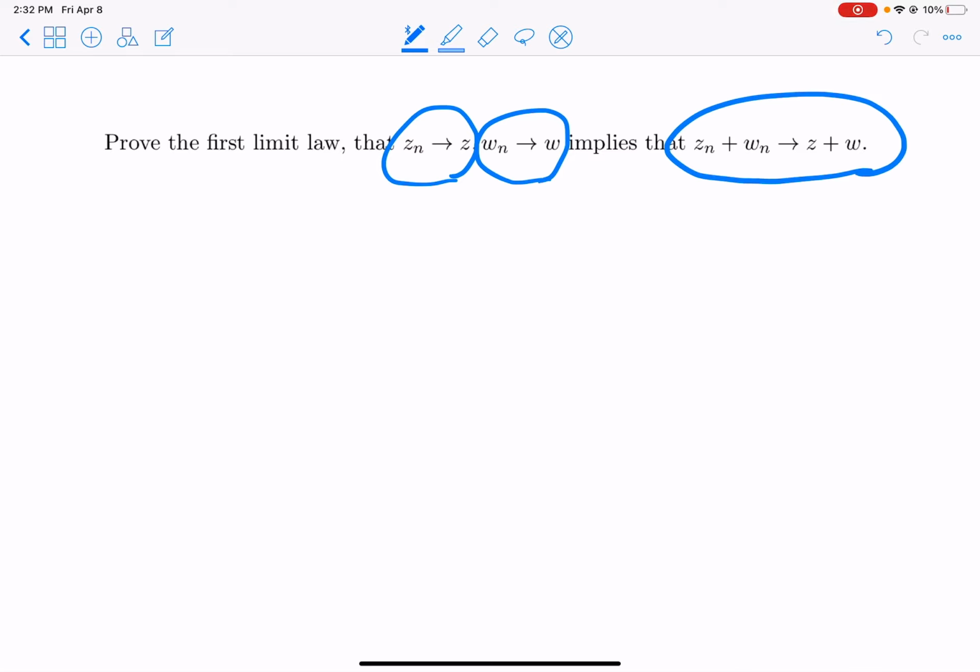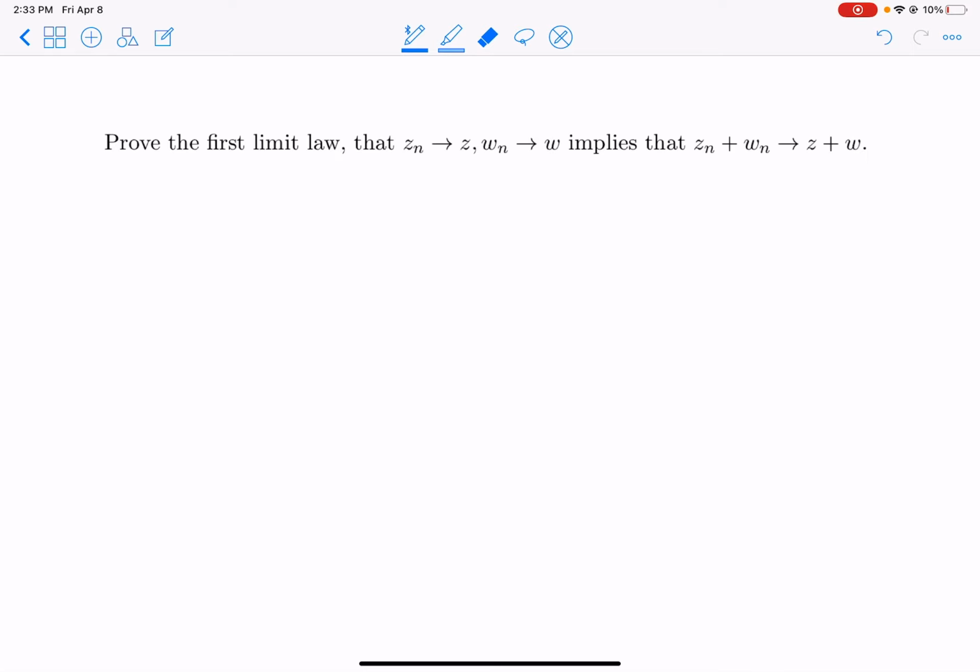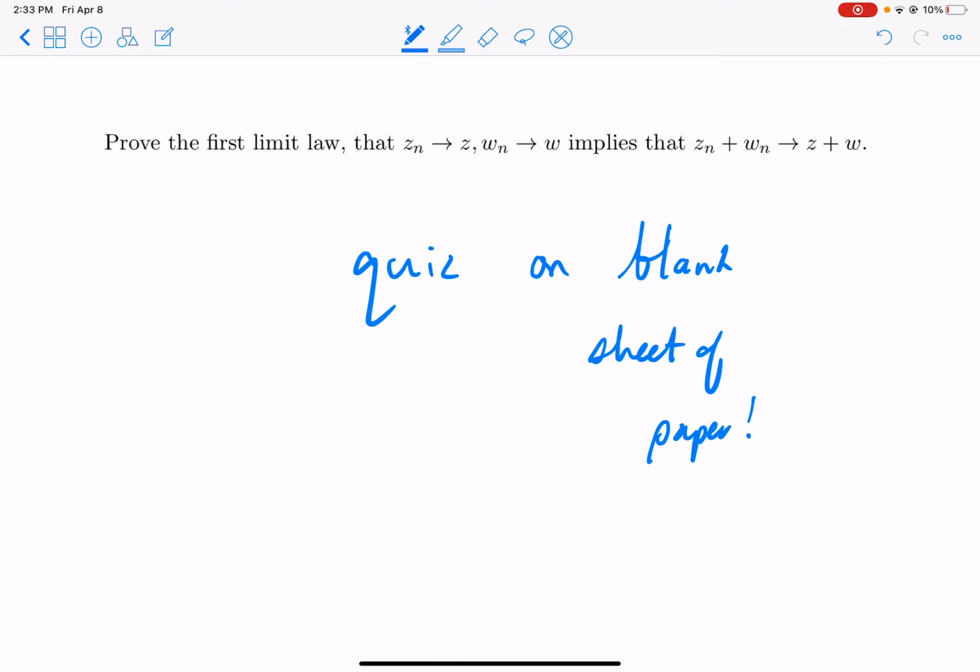So apply the definitions and carefully see that, assuming these things, means that for any distance, in particular for D over 2 and D over 2, when we add these together, we will get less than D. And yeah, this is a nice argument. So try it yourself, quiz yourself on a blank sheet of paper. We have shown that the limit of the sum is equal to the sum of the limits.